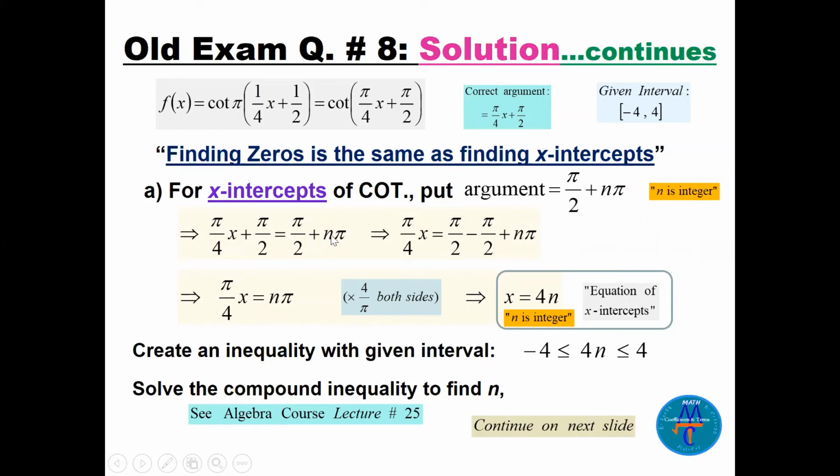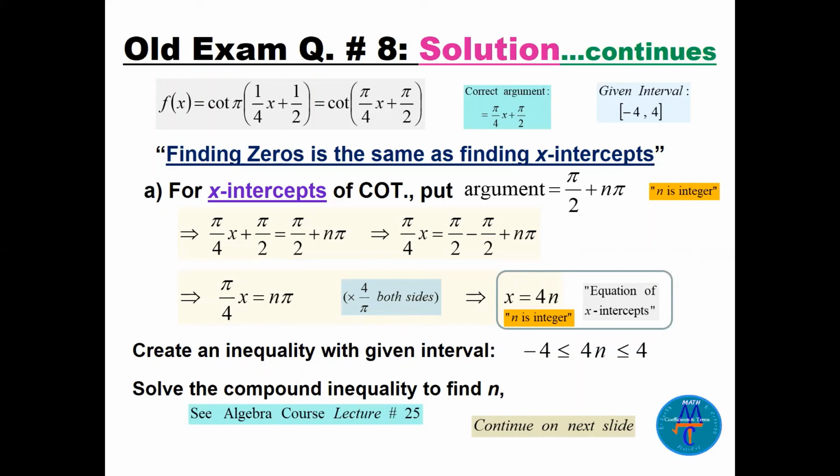That's the formula for the cotan in the x-intercept. So this will cancel. See, this is a 0 here. Then you multiply, so pi over 4 x is equal n pi, multiply by 4 over pi, x will be 4n, the equation of x-intercept.